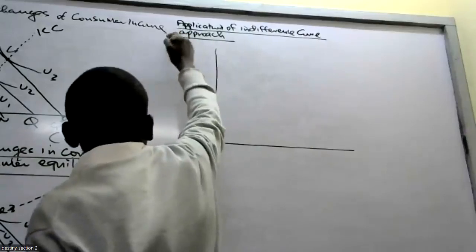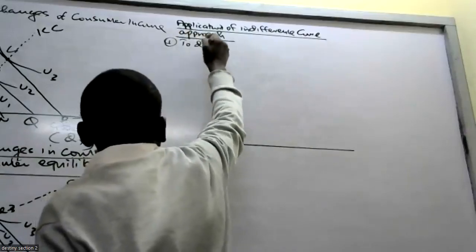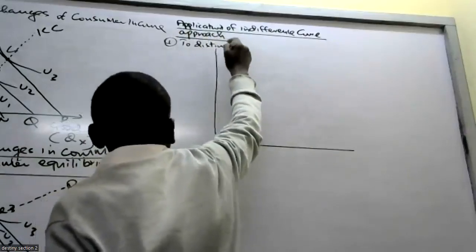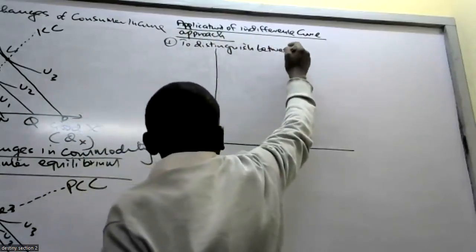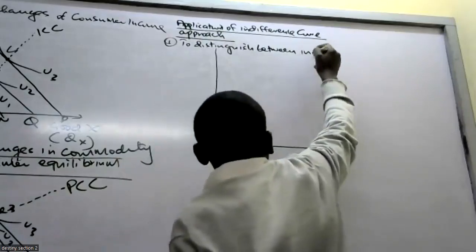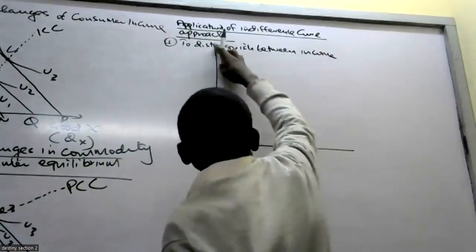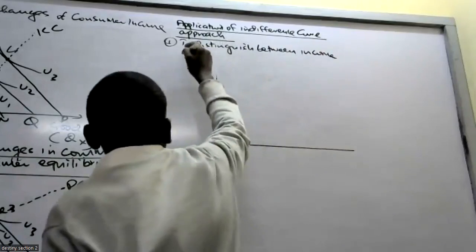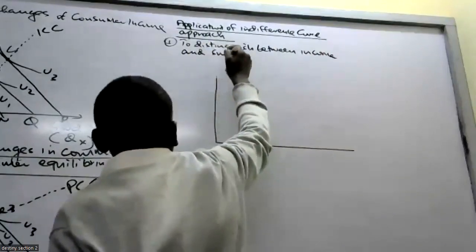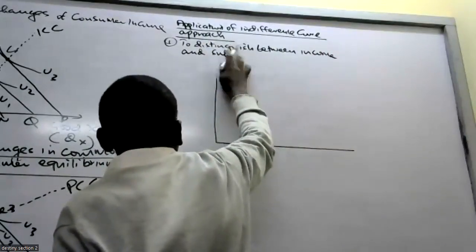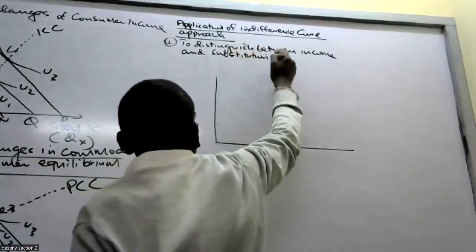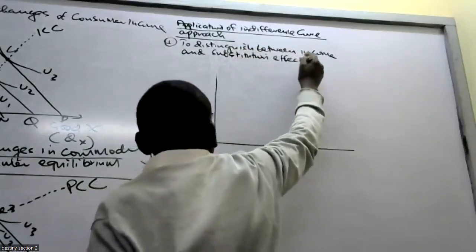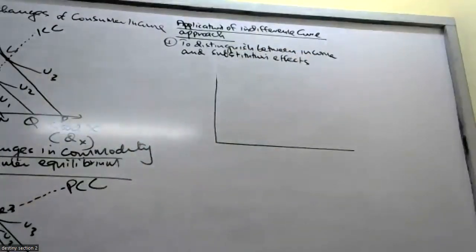Number one, to distinguish between income and substitution effects. So let's distinguish.